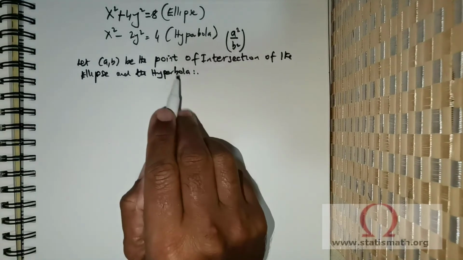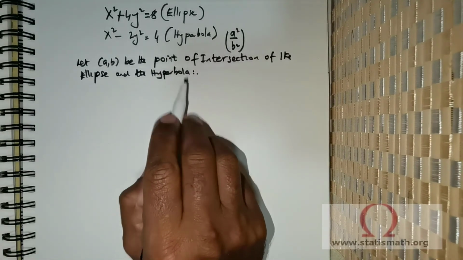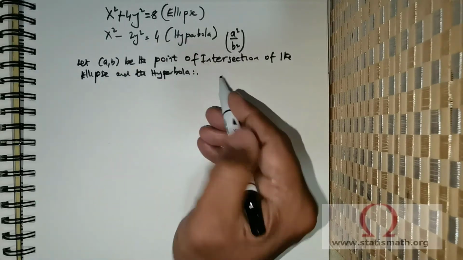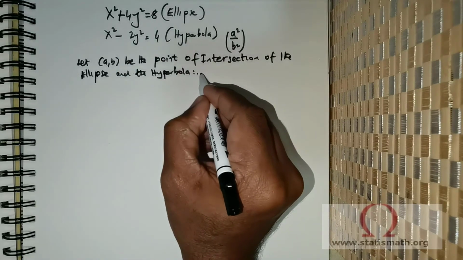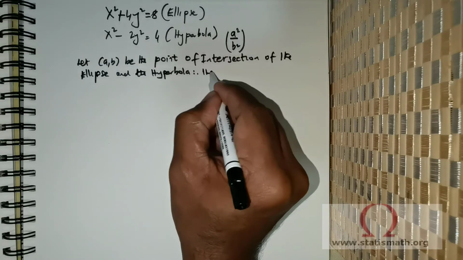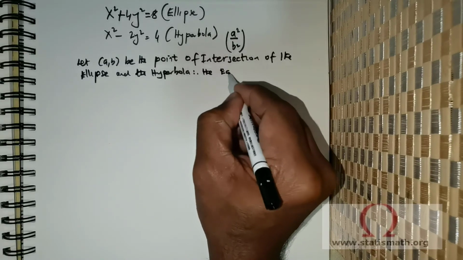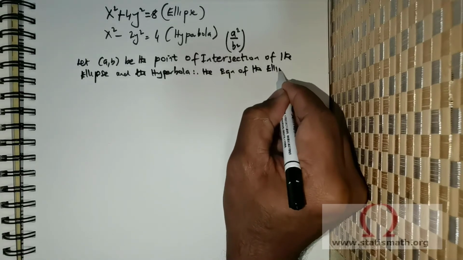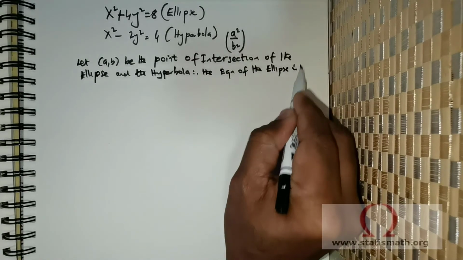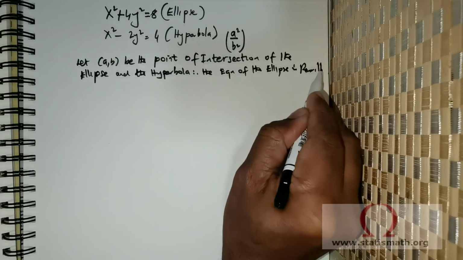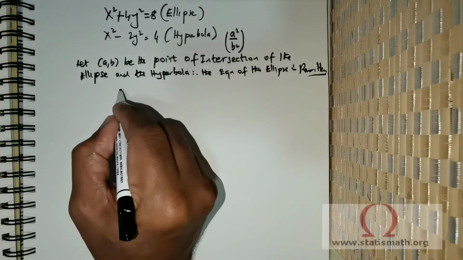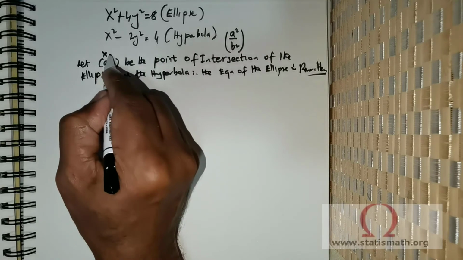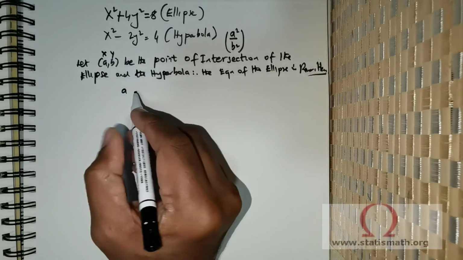Because of this assumption, the equation of the ellipse is rewritten: in place of x I substitute a, in place of y I substitute b.